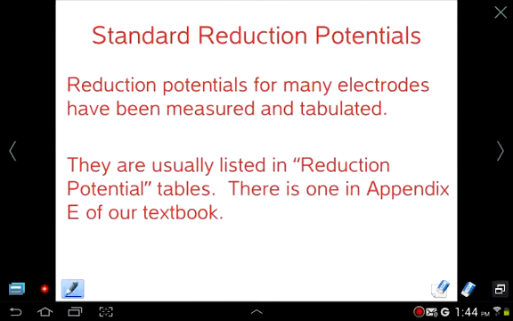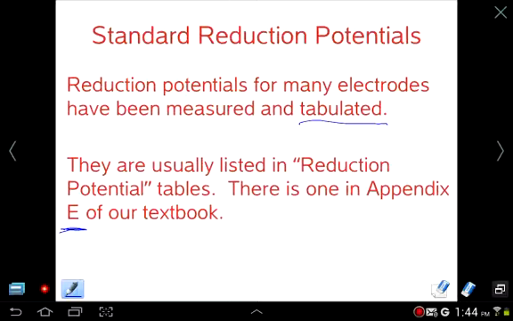Many of these reduction potentials, or voltages, have been measured and tabulated. In fact, in the back of our book, in Appendix E, we have about a page of all these potentials, these voltages, for the most common reactions we know about.